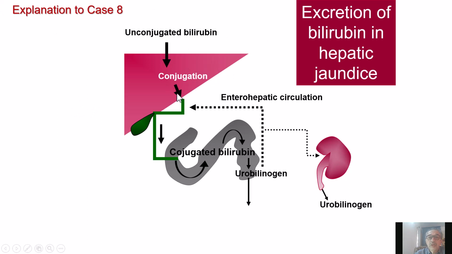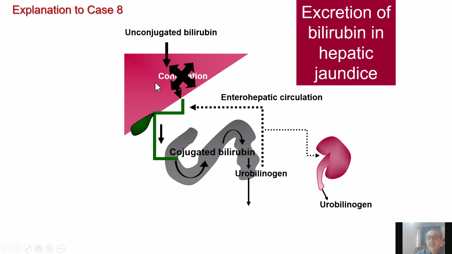The same diagram. Conjugation in this case is there. This is normal. The problem is somewhere here, either conjugation or excretion. So three steps: the bilirubin enters the liver cells, is conjugated, and is excreted.